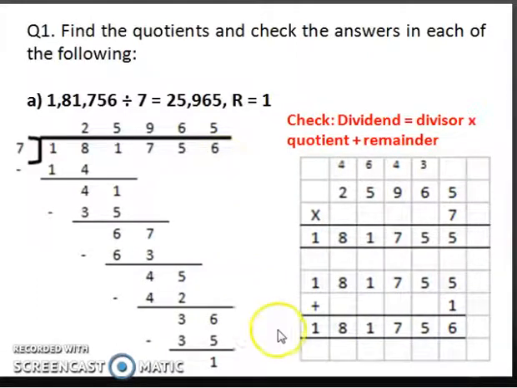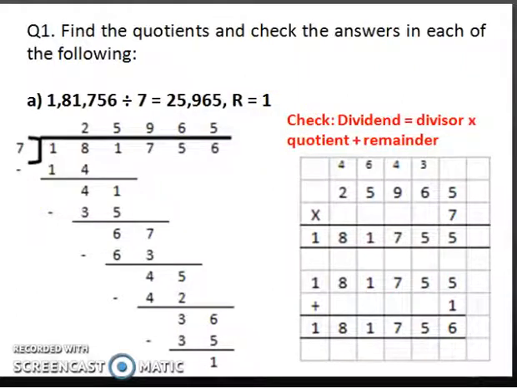If the dividend and the answer received in checking are the same, that means my sum is correct. Now what is remaining in this question? We have to also write the quotient and the remainder. So quotient is 25,965 and the remainder is 1. This writing of the quotient and the remainder also fetches you half a mark. If not written, your marks can be deducted.